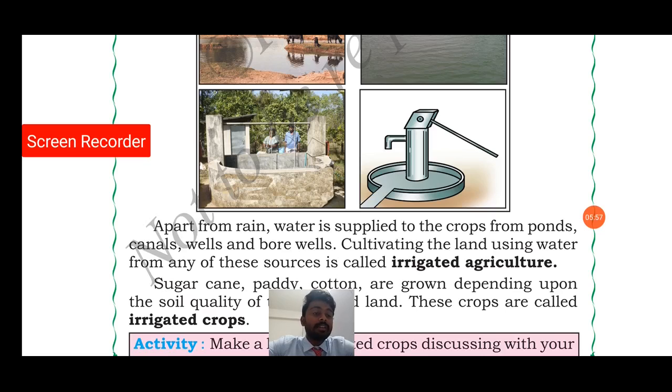Wells, borewells, ponds, canals, rivers. Cultivating the land using water from these sources is called irrigated agriculture. Understand? Okay. Irrigated agriculture, it means what?